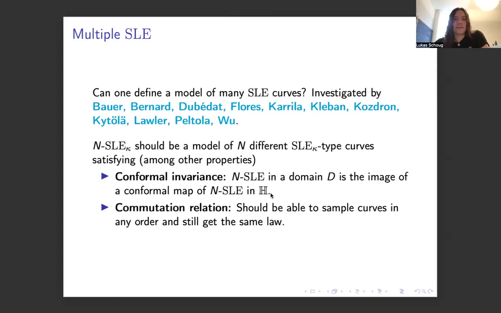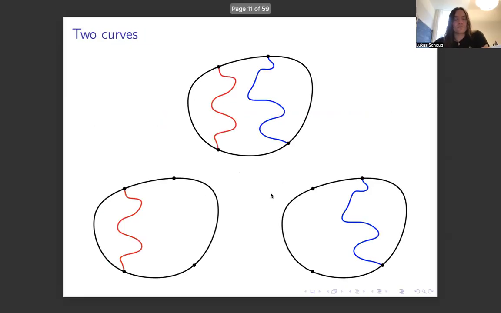And this commutation relation is something highly non-trivial. It's certainly not easy to find which curves should satisfy this and locally look like SLE curves. Because a natural thing to try is just to say that, well, we have this domain with these 4 marked points.